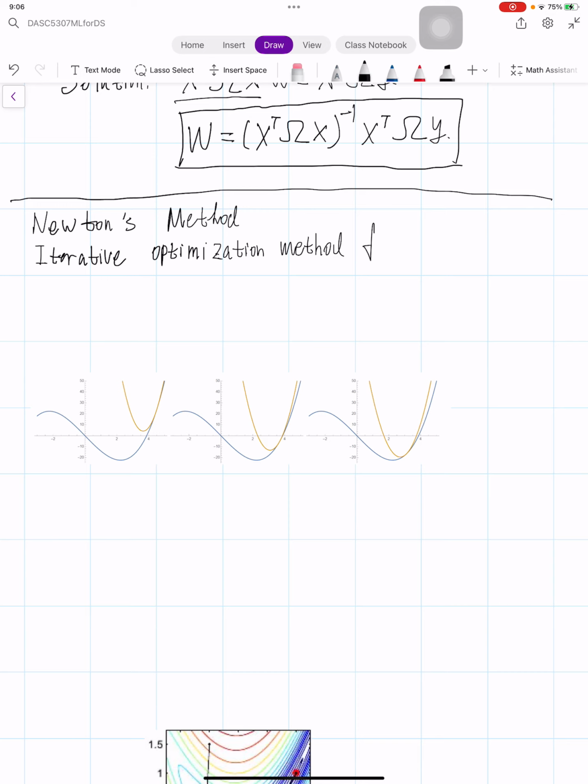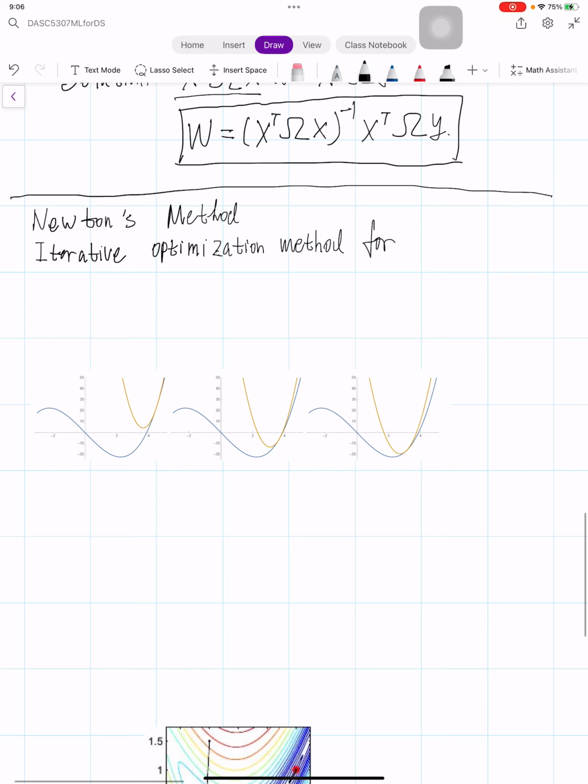It works for a smooth cost function J(w). Usually it's much faster than gradient descent.